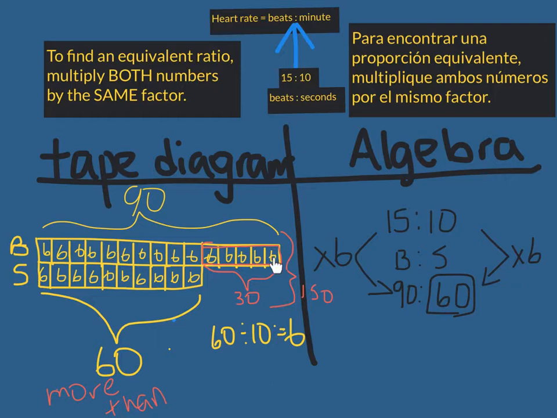So here's 15, here's 10. That's a total of 25 boxes, correct? So if there's a total of 25 boxes, and the total is 150, then I can take 150 and divide it by whatever this blank is, and I'll find how many are in each blank.